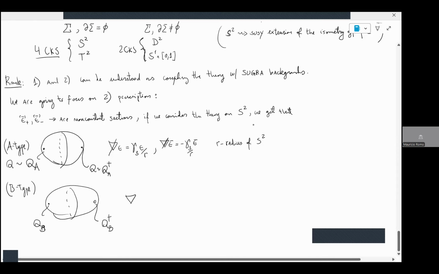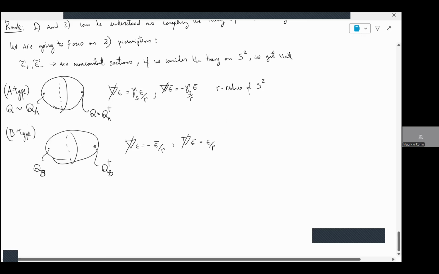And the equations here are if I declare the following. So if I mix them in this way, actually the equation looks more like this. There's no gamma 3 here. So this is the type of supersymmetries you can keep when you have a curved manifold.